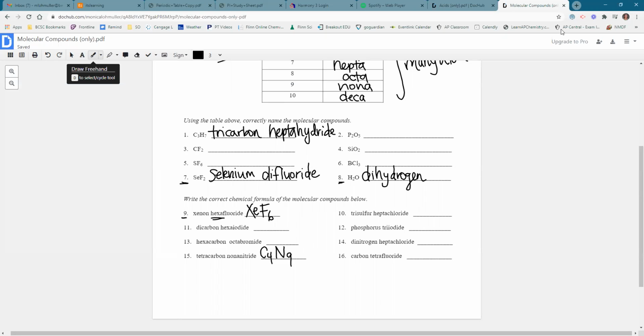And then the O, there's only one of them, and it's second, so we do use the mono, but we say monoxide. So dihydrogen monoxide. I won't mark it wrong if you put monoxide, but sometimes you drop a vowel when you're putting it there.